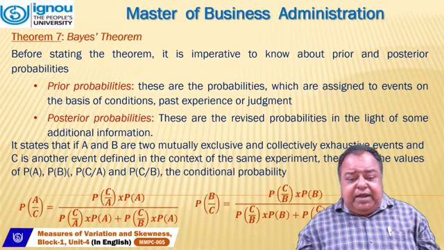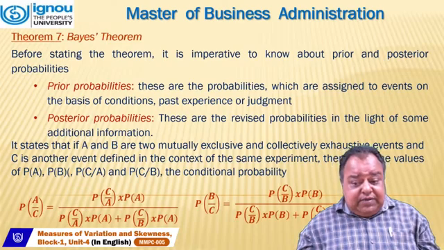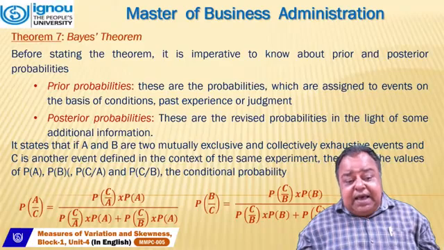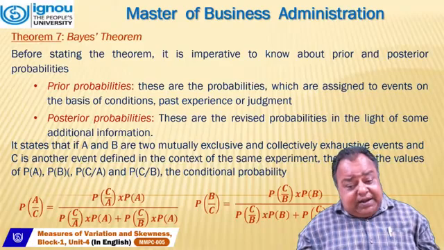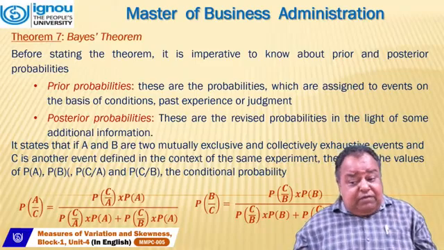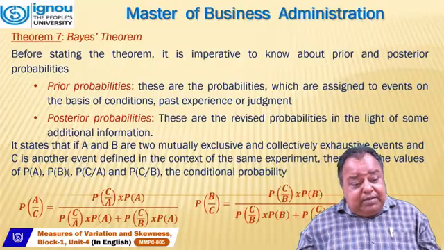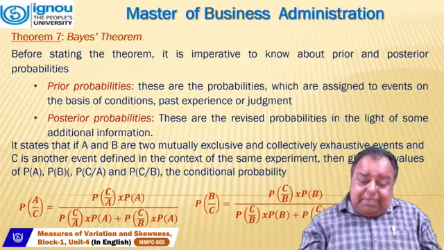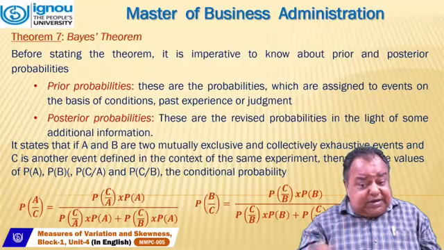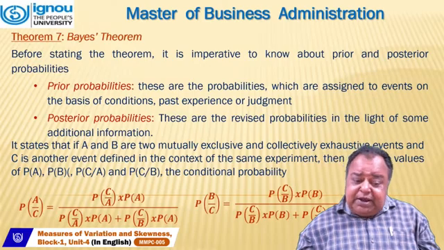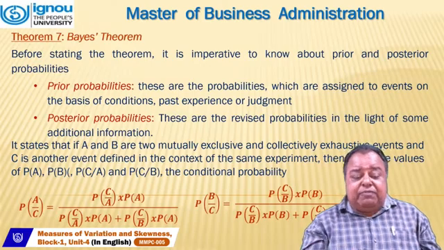It states that if A and B are two mutually exclusive and collectively exhaustive events, and C is another event defined in the context of the same experiment, then first of all we have to evaluate P(A), P(B), P(C by A), P(C by B), and mathematically the conditional probability is evaluated as P(A by C) is equal to P(C by A) into P(A) upon the summation of both.